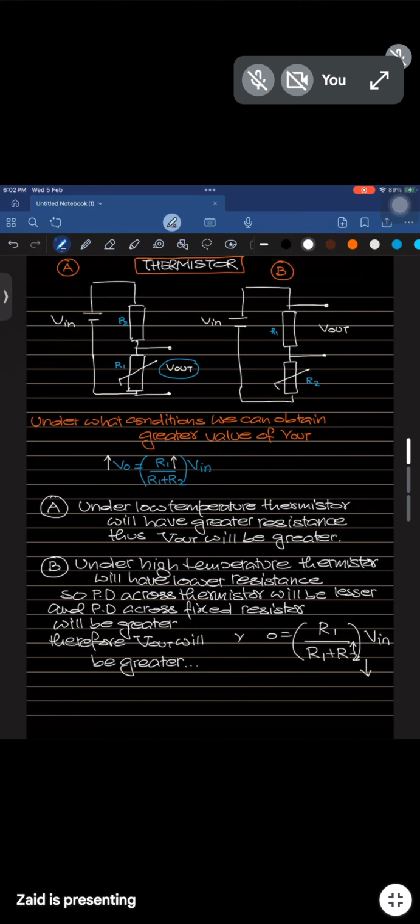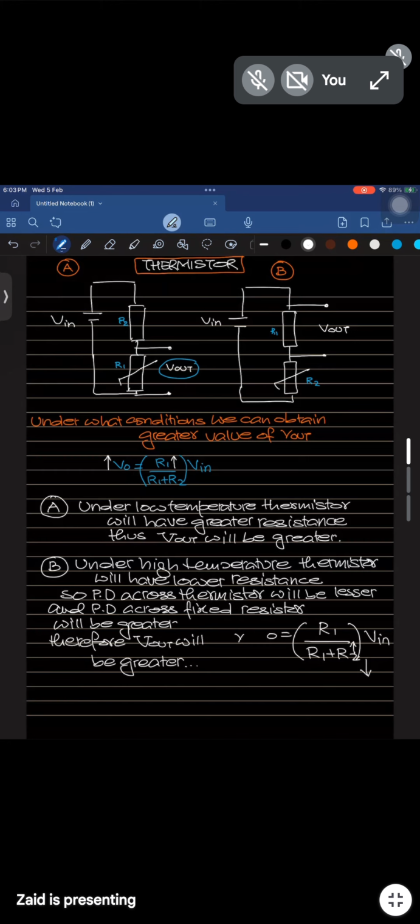The formula for output voltage is R1 over R1 plus R2 times Vin. R1 is the component across which you have connected the potential divider. In scenario A, R1 is the thermistor. In scenario B, R1 is the fixed resistor. I want a greater value of V out. If you look at the formula, I need the numerator bigger in both contexts.